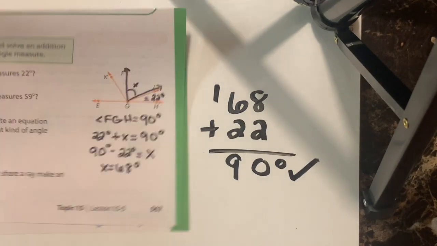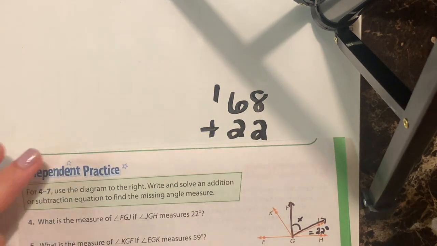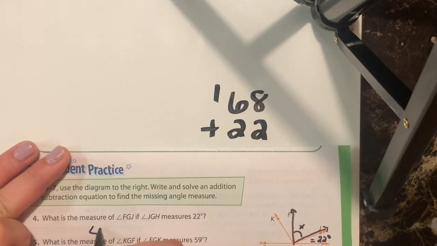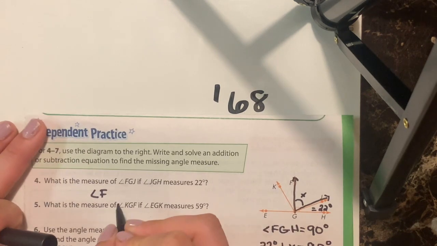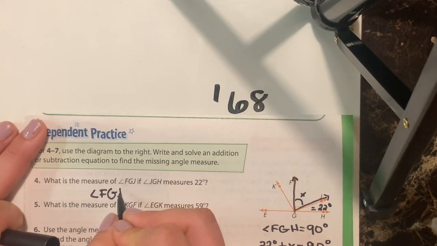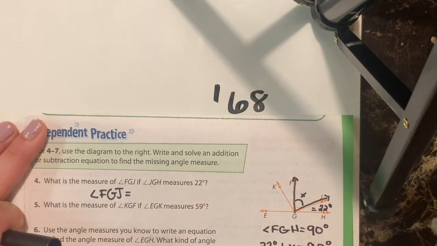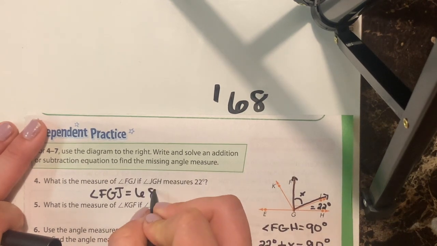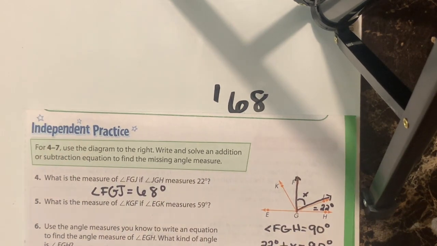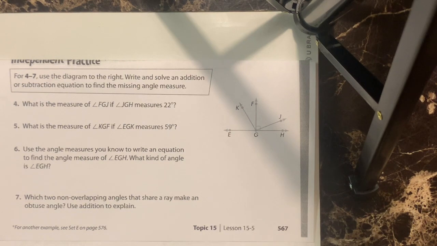So the measure of angle FGJ equals 68 degrees.